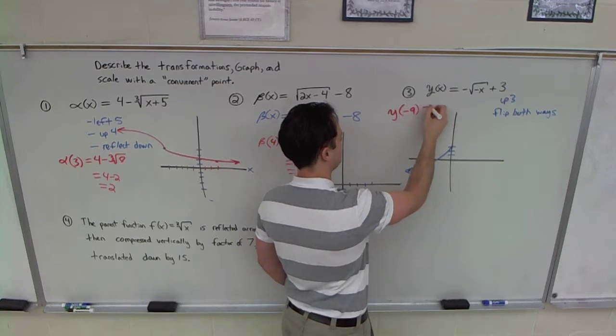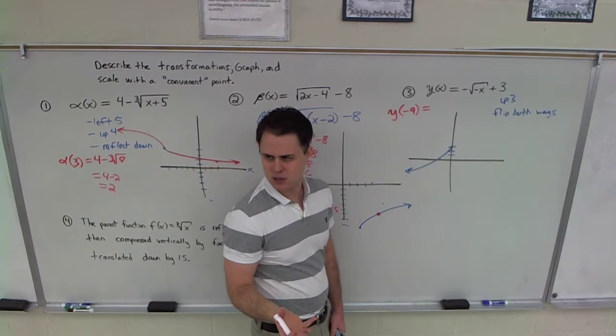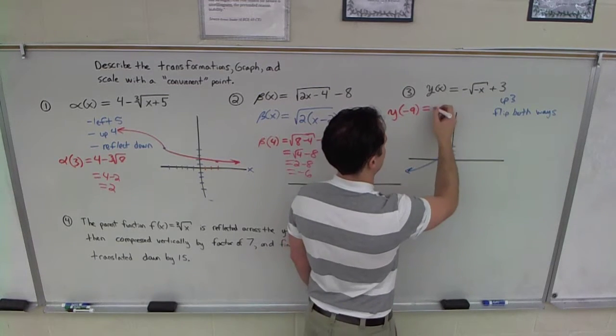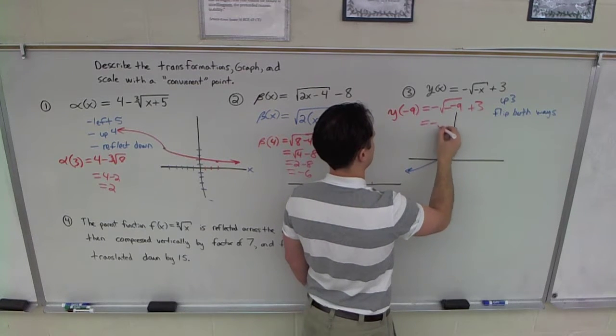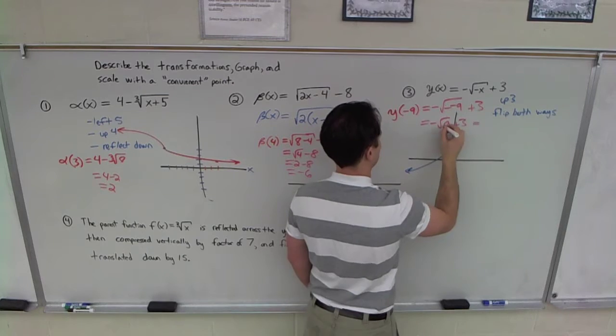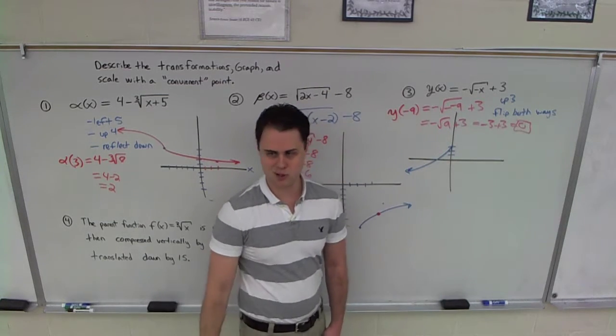If you plug in negative 9, I thought negatives made imaginary numbers in square roots. Oh, okay, so it's going to go minus, minus, minus, plus 3, so that's going to be negative square root of 9 plus 3, which is negative 3 plus 3. Logan has spotted the x-intercept. That's pretty nice.